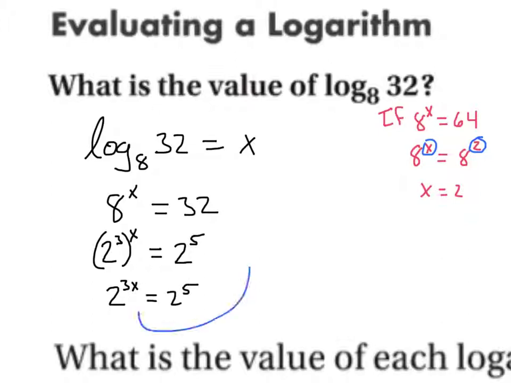I'm going to bring my work over here. So now we have the same base, so then our exponents must be equal. So therefore 3x must equal 5.